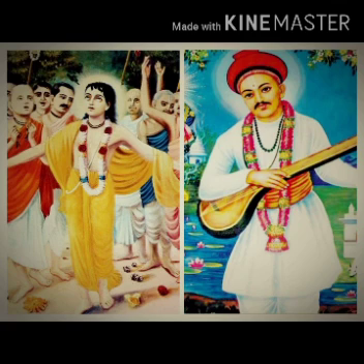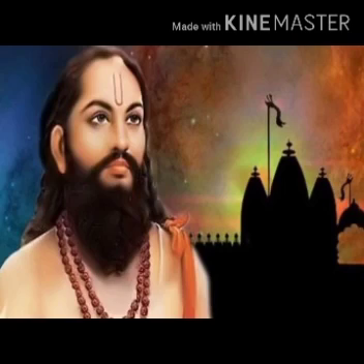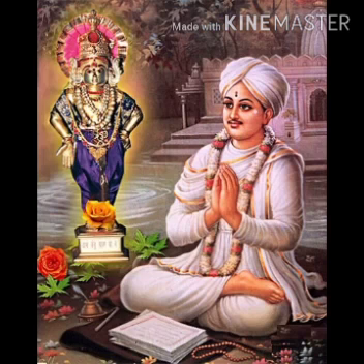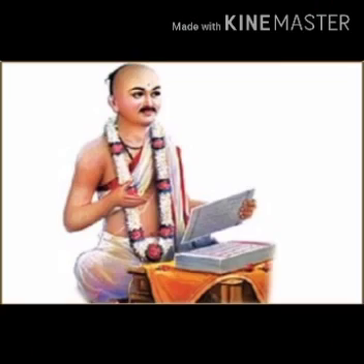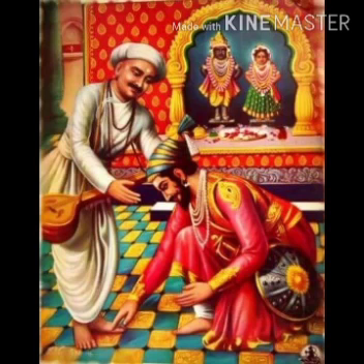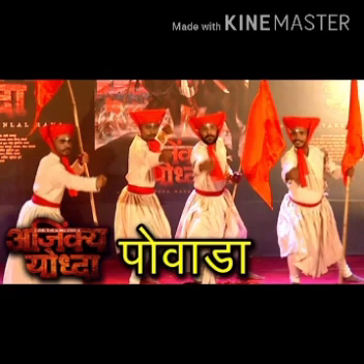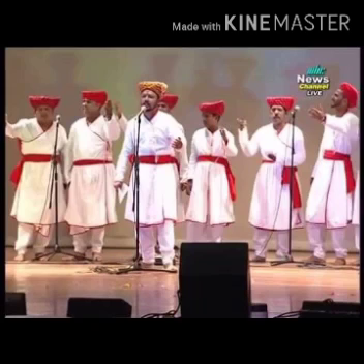Some medieval saints like Sant Ramdas, Sant Jnaneshwar, Sant Namdev, Sant Eknath, Sant Tukaram worked for the betterment of society through these oral sources. Similarly, povadas are a kind of ballads or poetry which narrate various historical events and great deeds of heroic or brave people in a very inspiring way.